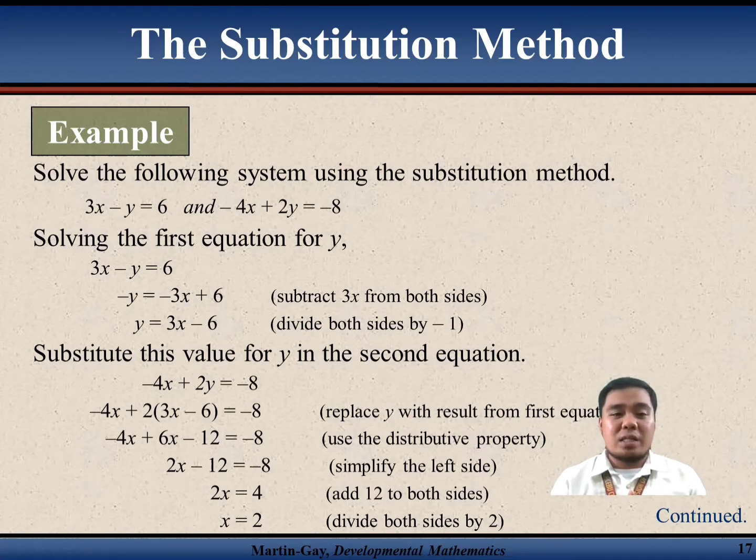property of equality. So to cancel 3x, I will subtract 3x, because 3x - 3x is 0, or I will add -3x.